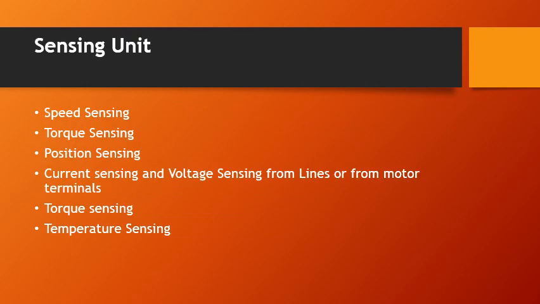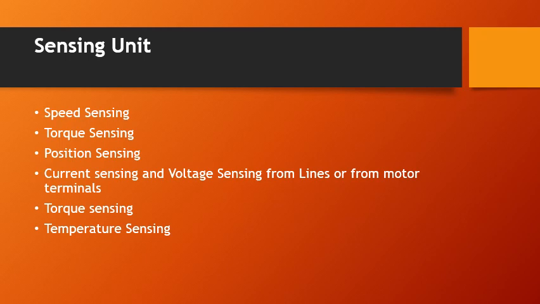There is a sensing unit in the electric vehicle to regulate the speed and to measure the torque sensing and position sensing. Torque sensing is how much load can be carried in the electric vehicle, or if you are going for a crane unit, it has to be known how much load it should carry, and position sensing is where it has to be located.